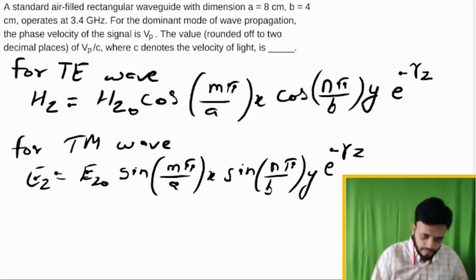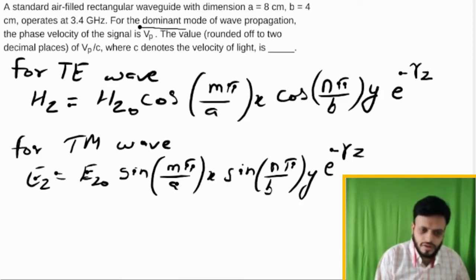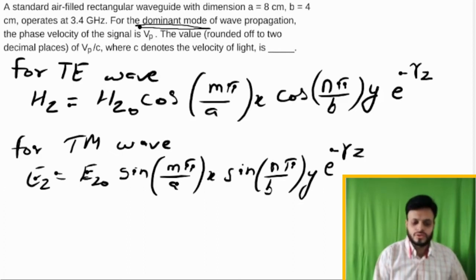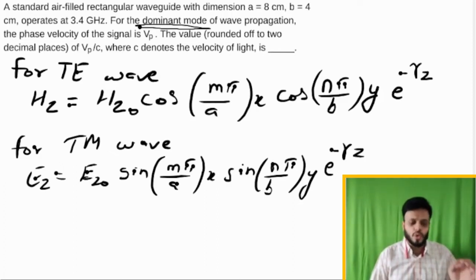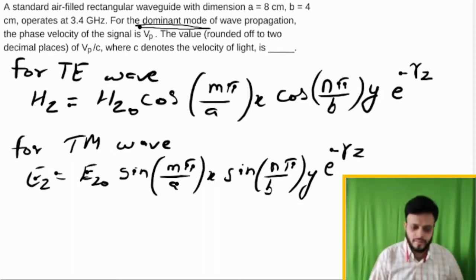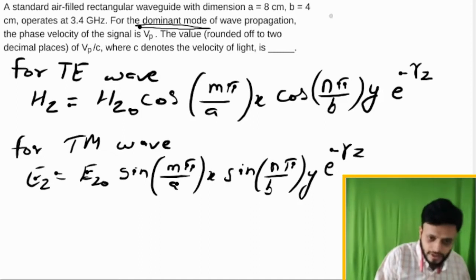Now let us see the point which is given already in our question, dominant mode. So the biggest question that arises here is, what is dominant mode? By definition, dominant mode is the lowest possible propagating mode.